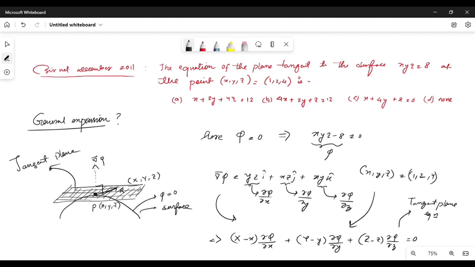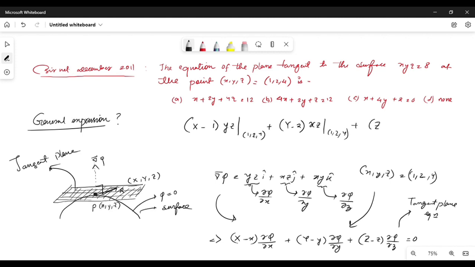You omit the first line, then put this. It would be capital X minus the coordinate point, that is small x is 1, X minus 1, multiplied by del phi by del x, that is yz at this point 1, 2, 4, because it passes through the same point, plus Y minus 2 times xz, that is del phi by del y, which is xz at this point 1, 2, 4, plus capital Z minus small z, and it would be xy at the same point.